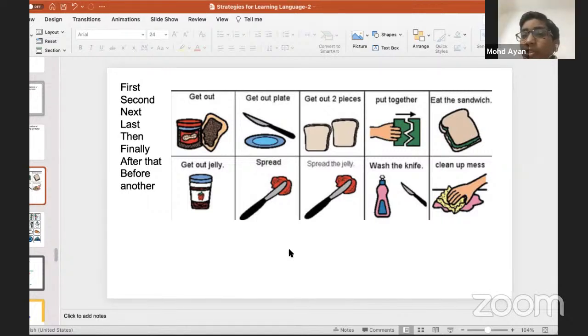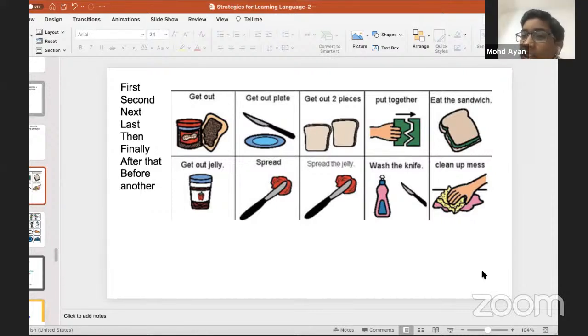First, I take out all the things that we need to make a sandwich. Second, I will take a knife, and next I will get out 2 pieces of bread, and after that I have to put them together.